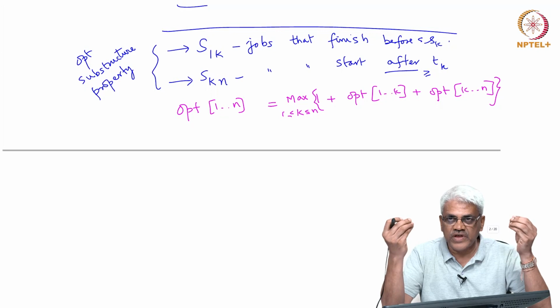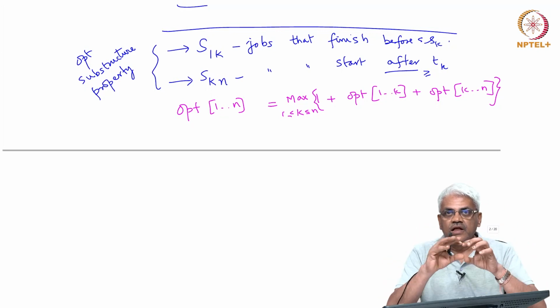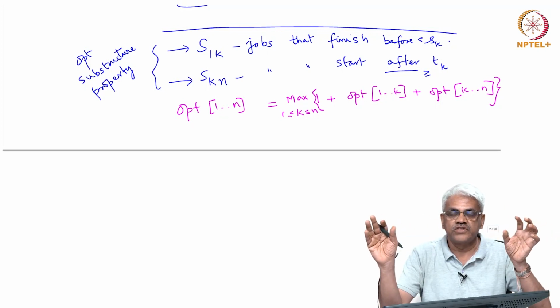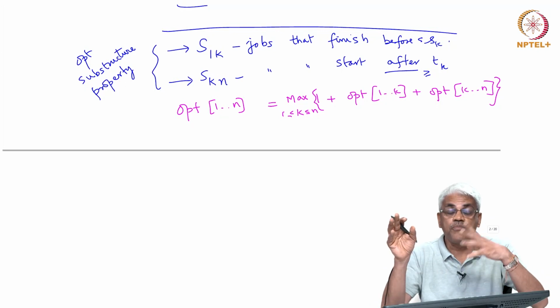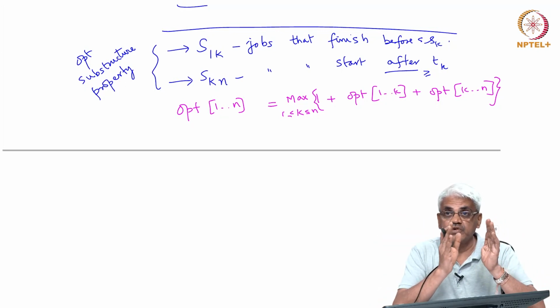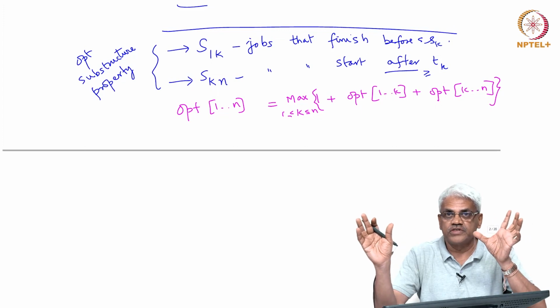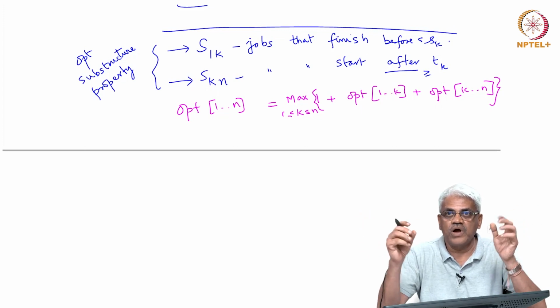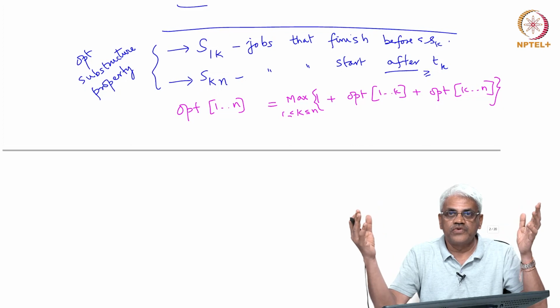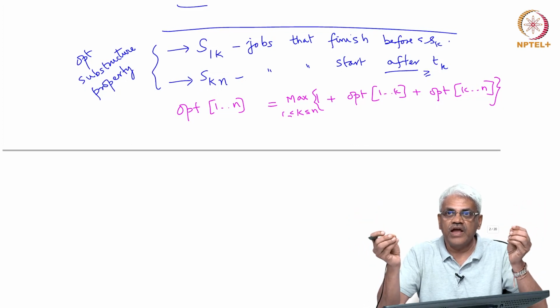We made a choice of K, a job which is there. That means we got a recursive formulation: the optimum number of jobs you can schedule in S1k, the optimum number of jobs you can schedule in Sk, plus 1 is the maximum number of jobs you can schedule if the Kth job is in the solution.